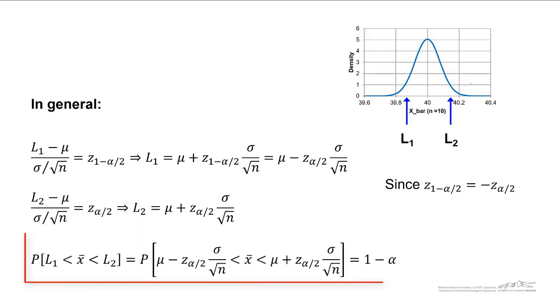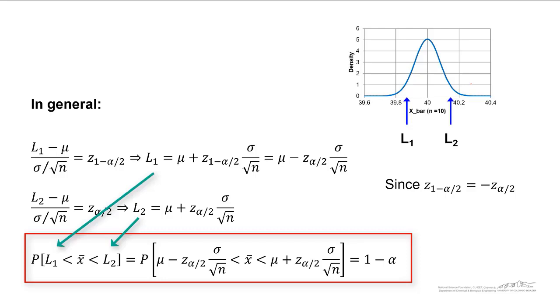And therefore, the probability that x bar is between L1 and L2 is equal to 1 minus alpha, but we can substitute L1 and L2 into this expression, and this becomes our 95% confidence interval.